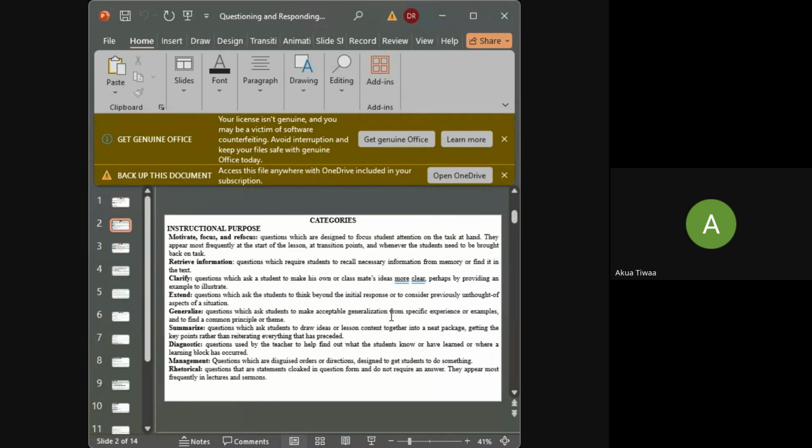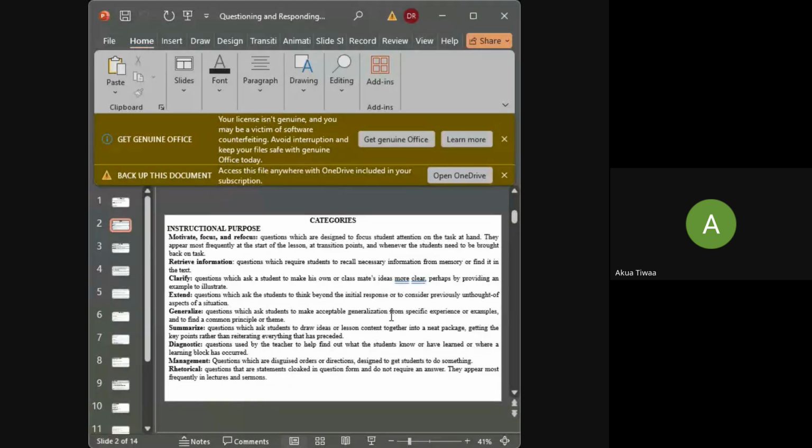So during the instructional purpose, we use questions to help them pay attention. At the start of the lesson, you ask questions to bring them on board. In the middle of the lesson, when learners are not paying attention, you use questions to bring them on task.